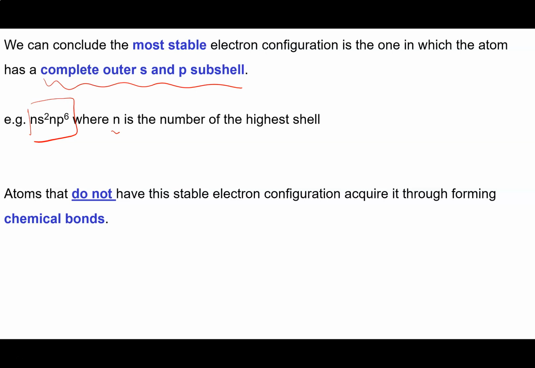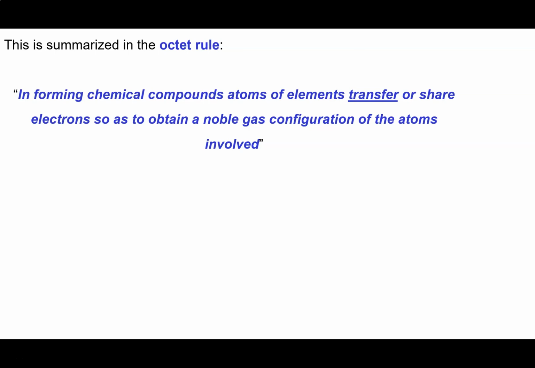So if an atom doesn't have what we call a complete octet with 8 electrons in it like this, then it will try and gain it through forming chemical bonds, and then once it's got that stable configuration, it'll become unreactive and it'll stop reacting any further. So this is summarized in what we call the octet rule.